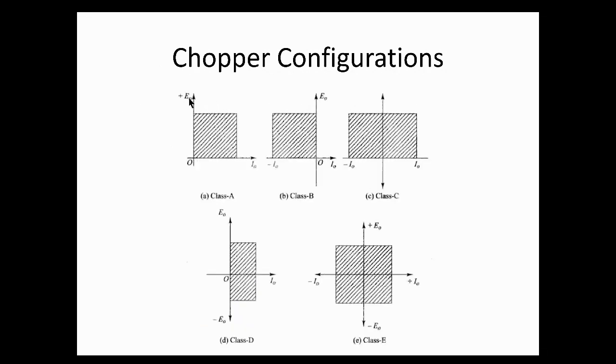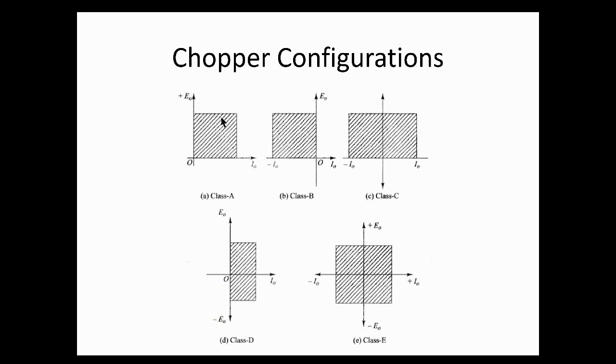So let's look at this IV curve. For your class A, it is such that you have your positive current and a positive voltage.